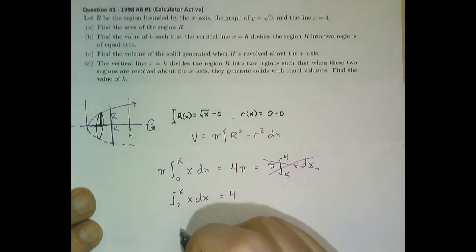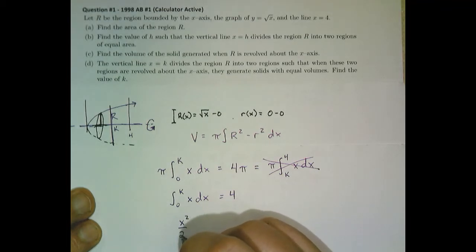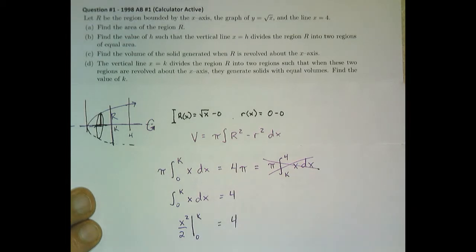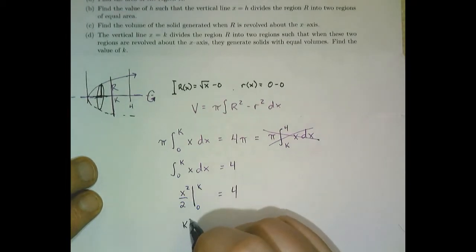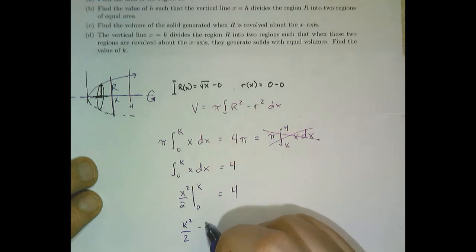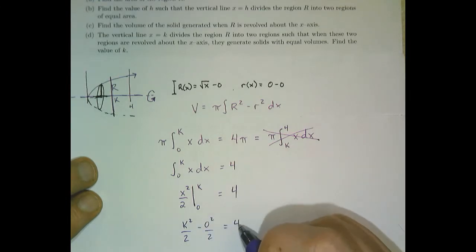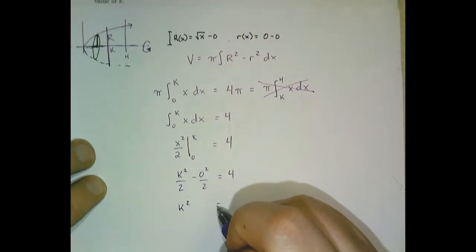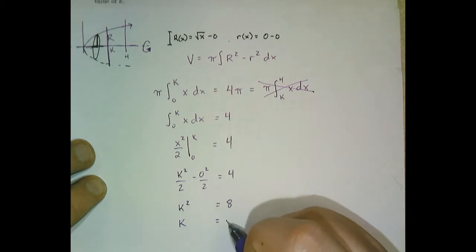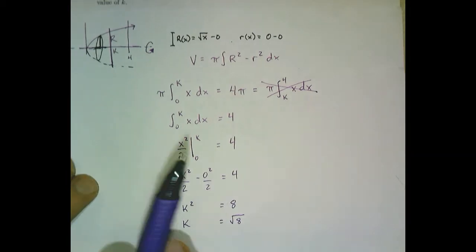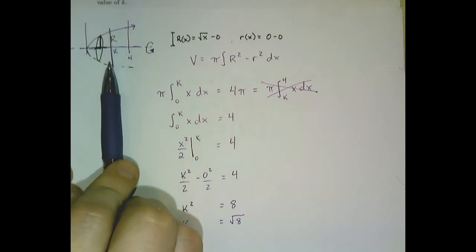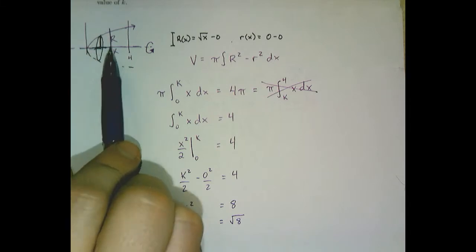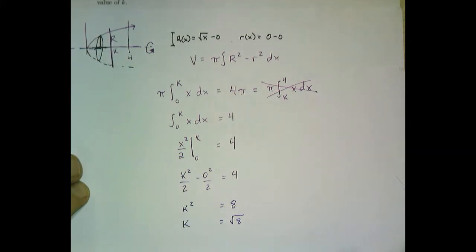The antiderivative of x is x squared over 2, evaluated from 0 to k is 4. k squared over 2 minus 0 squared over 2 is equal to 4. And then k squared equals 8. k is the square root of 8. So if we move this line x equals k until we are at root 8, we'll have created a volume on the left that is equal to the volume on the right.